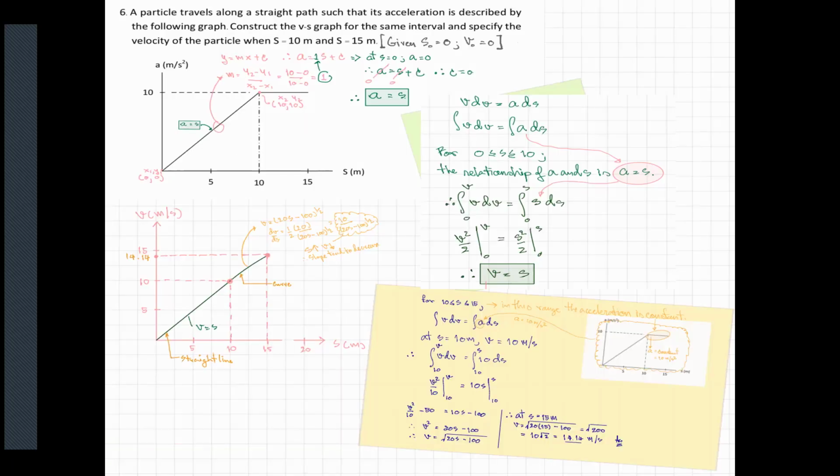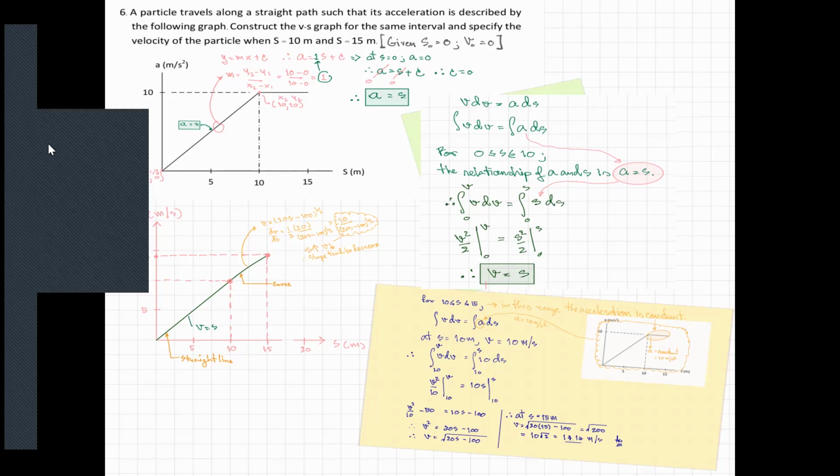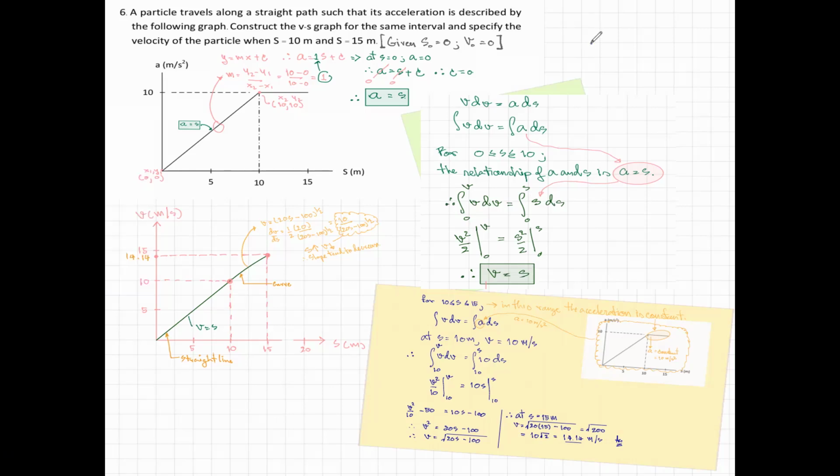Okay, so let's take a look. For this case, I have the solution already. From the AS graph, we know just only the graph, so we have to determine some information. For example, for the first part from S equal to 0 to S equal to 10, we found the AS graph is a linear function.